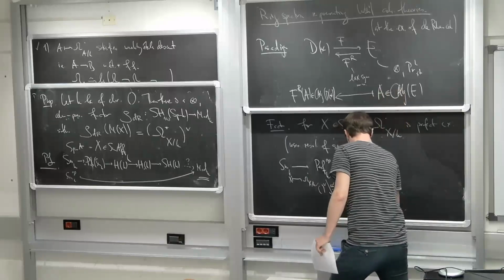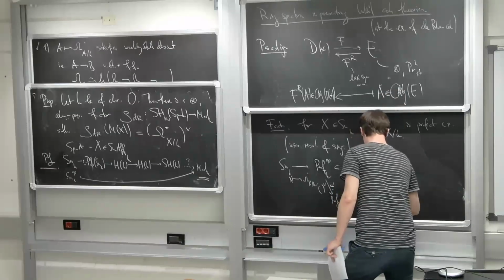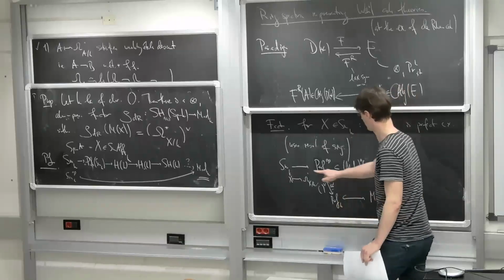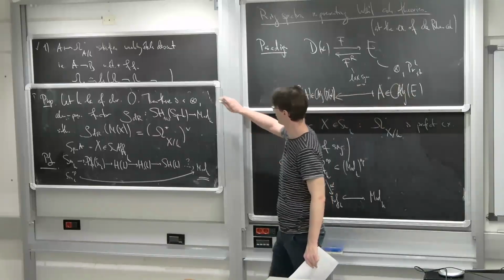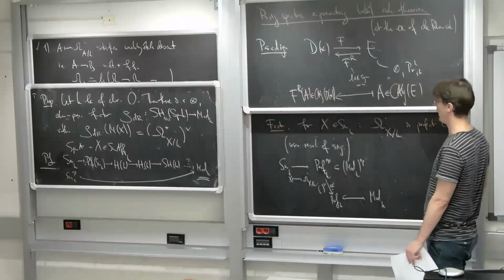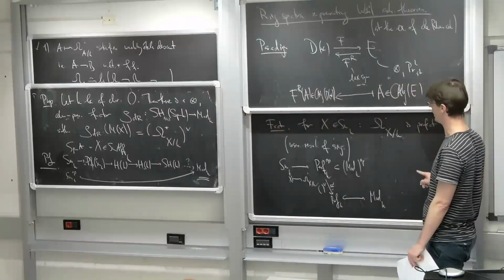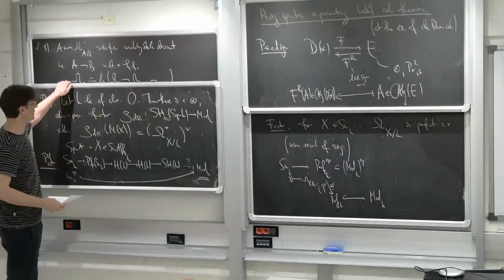And then now I can forget about it being perfect and just go to Mod_k. Yeah? So this composite is basically the old one, except that I do the dualization, like I said here. Okay, and so now what's going on? Now all these conditions.